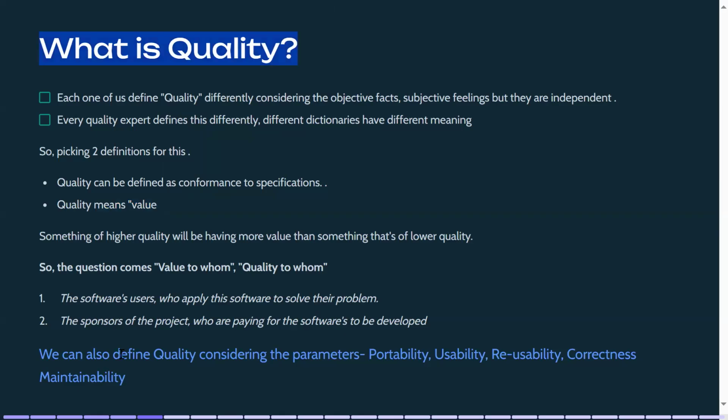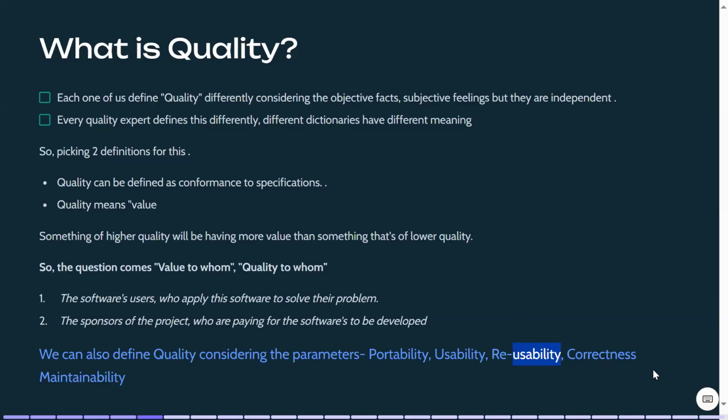And we can also define the quality considering some of the parameters like portability, usability, reusability, correctness, and maintainability. So take every organization, any organization across different industries.